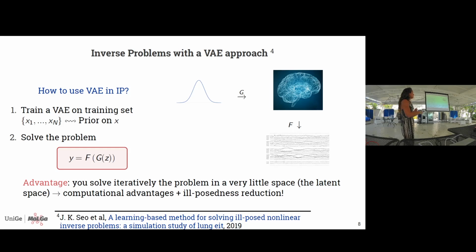So z is sampled in a simple distribution, and then applying the generator we find x in some sense, that is what we want to recover, and applying the f that is our operator, we find the y, the measurement.